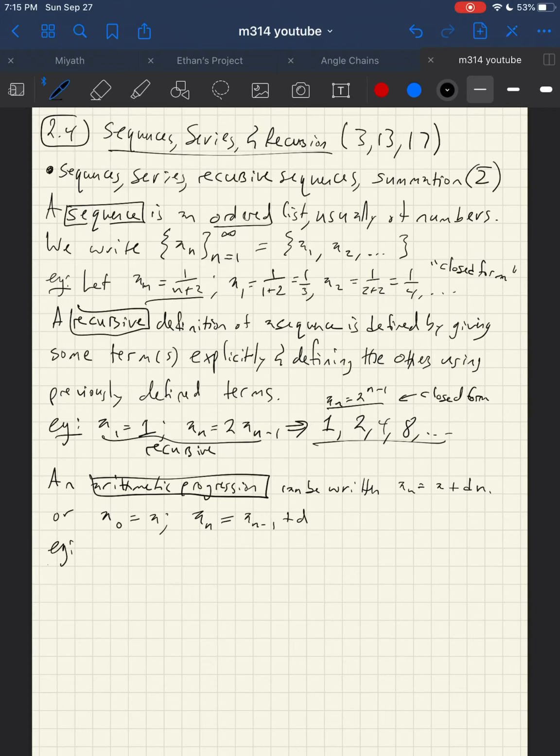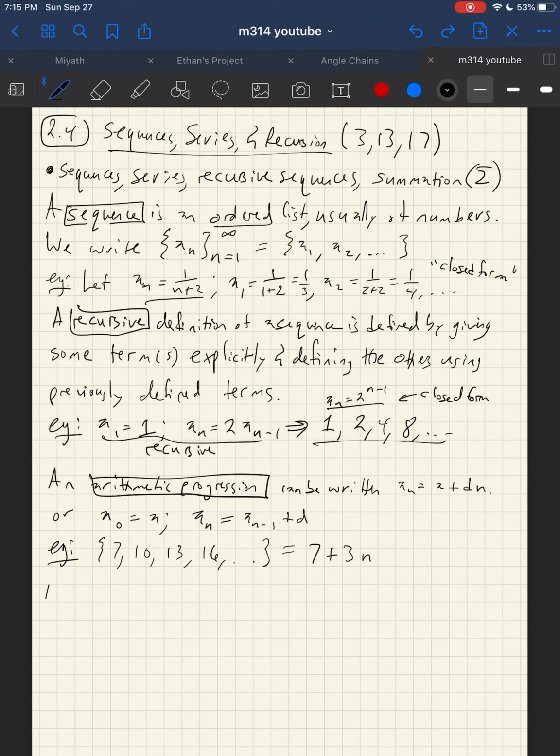Let's do an example: 7, 10, 13, 16, dot dot dot. Hopefully you can see the pattern. It's 7 plus 3n, the closed form. Recursively, a sub 0 equals 7, and a sub n equals a sub n minus 1 plus 3.